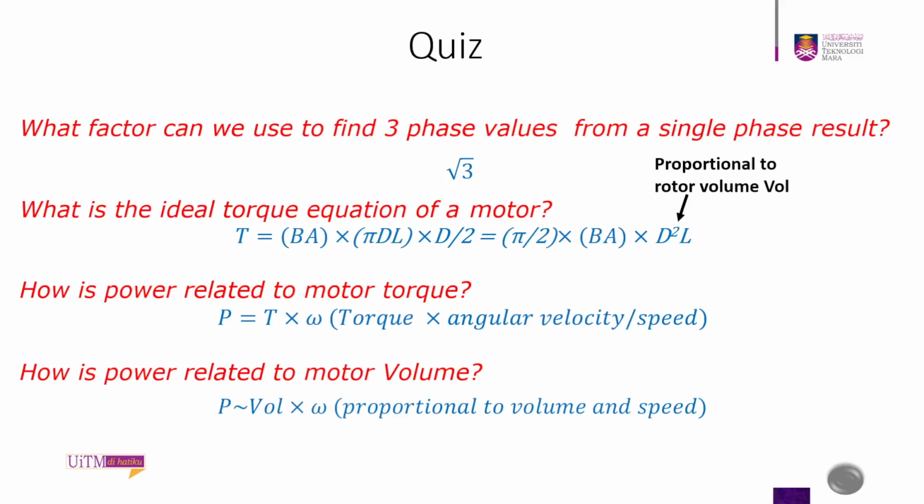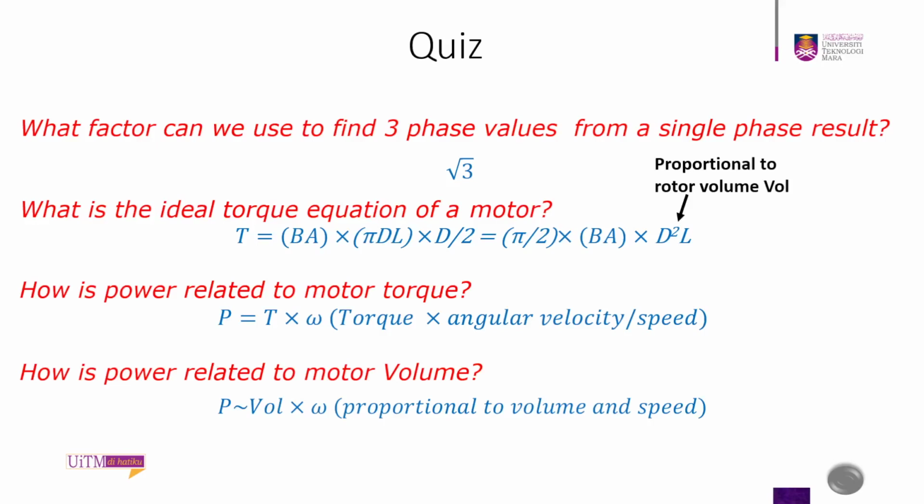So if you rearrange that, you have to say that the torque is actually proportional to the rotor volume, and d squared L is actually related to the volume of the motor. So the higher the volume of the motor, you may have a higher torque. You need to have a higher torque to move the rotor there.